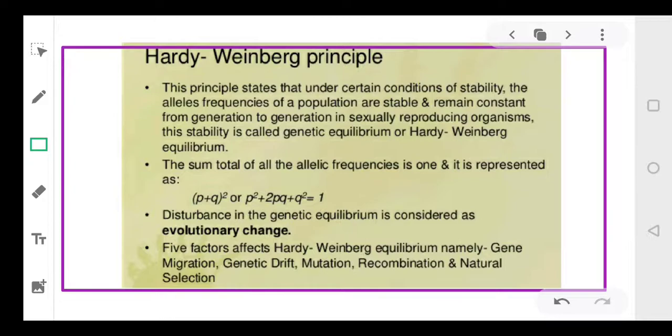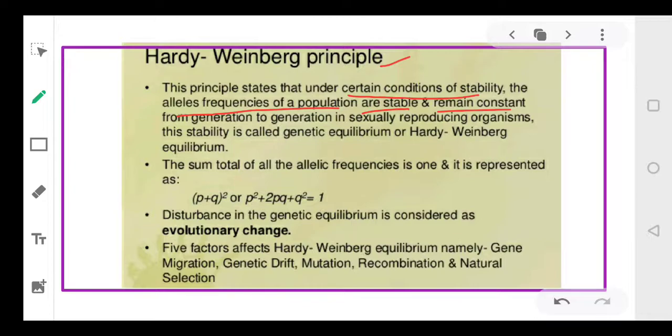Now, this principle says that under certain conditions, a specified set of conditions, the allelic frequency of a population is stable and remains constant. So his concept says, if the conditions are the same, then the allelic frequency in a population will remain constant, will remain stable, generation after generation.